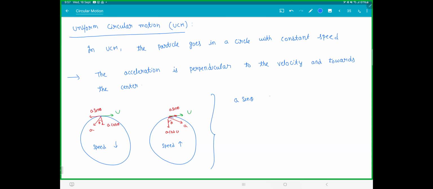So this is the first statement that we proved. Therefore, acceleration has to be perpendicular to velocity in uniform circular motion.